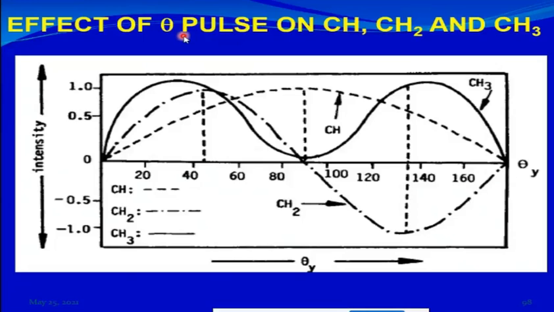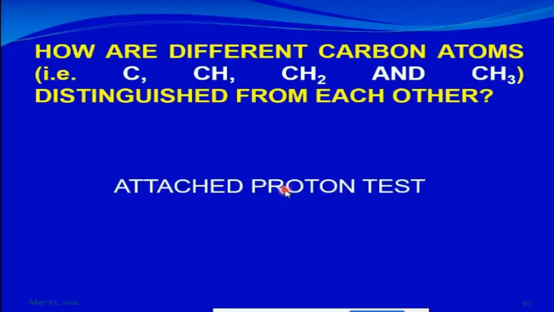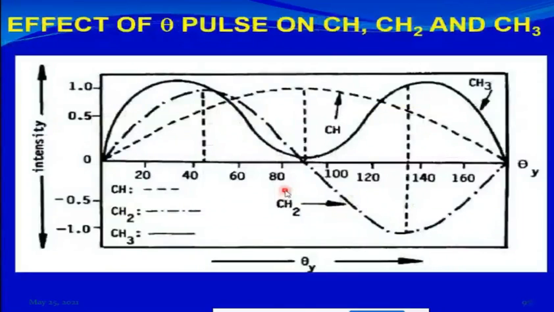Broadband means this is the broadband spectrum. This one, right here. This is the broadband spectrum, which means that all the carbons are visible in this spectrum. But if you go for a DEPT experiment, you will never see the quaternary carbons. You will only see CH, CH2, and CH3 signals.